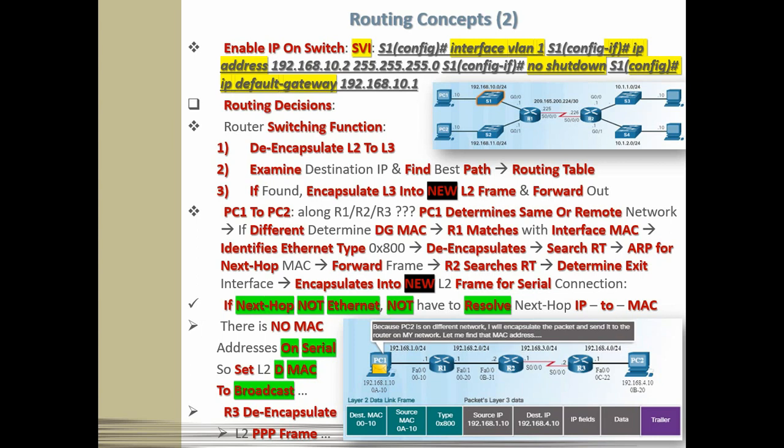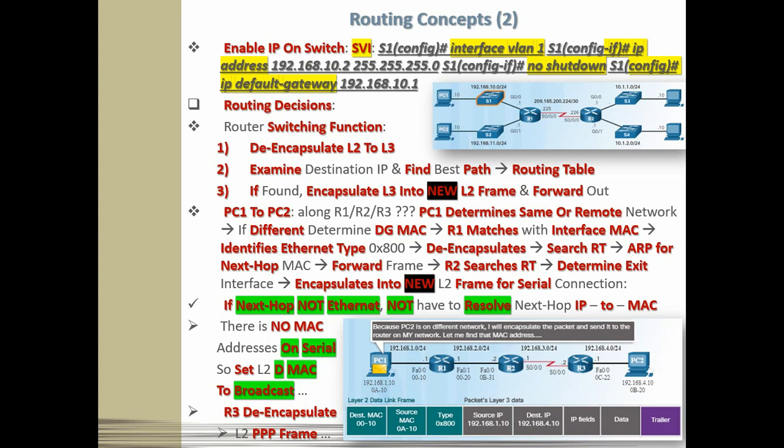Because the destination network is on R3's directly connected networks listed under the routing table, the packet can be sent directly and does not need to be sent to another router anymore.